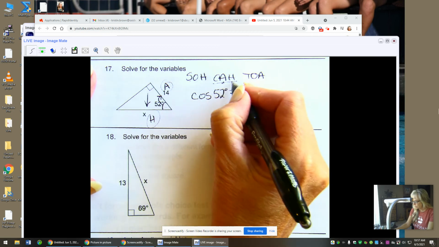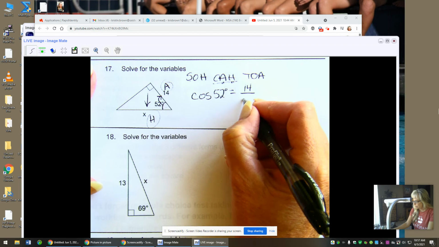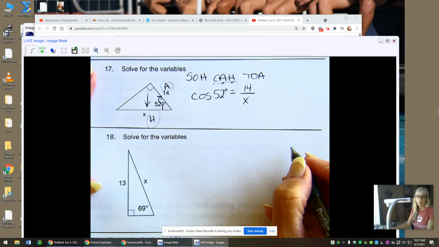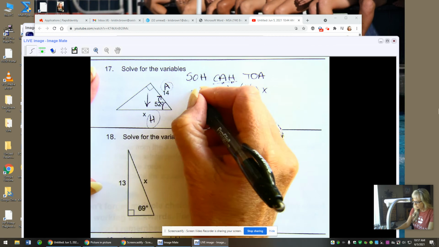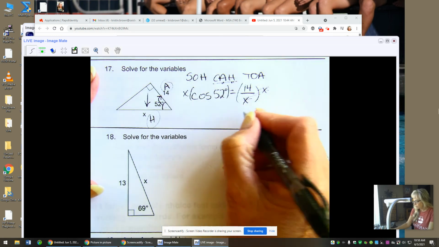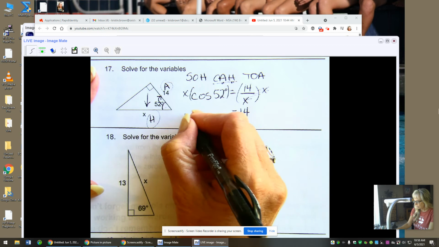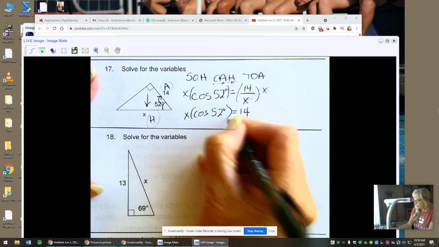It's adjacent on top, hypotenuse on bottom. Adjacent numerator, hypotenuse denominator. And I always taught you every single time to multiply by the denominator. It's a little bit not helpful at first because we want to get the variable by itself, and that did not do the job.